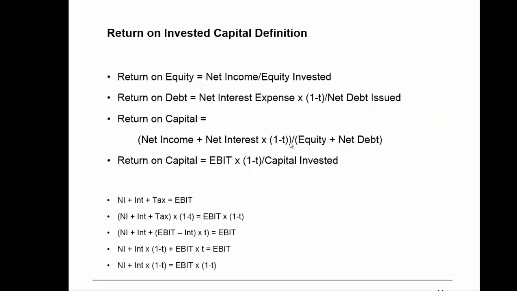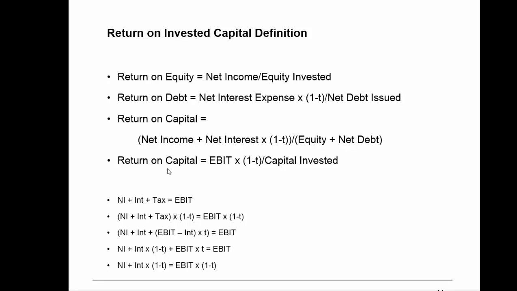Okay, and this goes through how return on invested capital can be computed. You've got return on equity, return on debt, return on capital. Return on equity is this. Return on debt, you have to make a tax adjustment to get the tax shield, and you can divide it by equity. So this is the numerator.